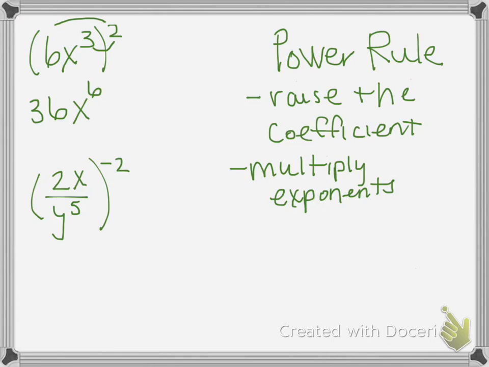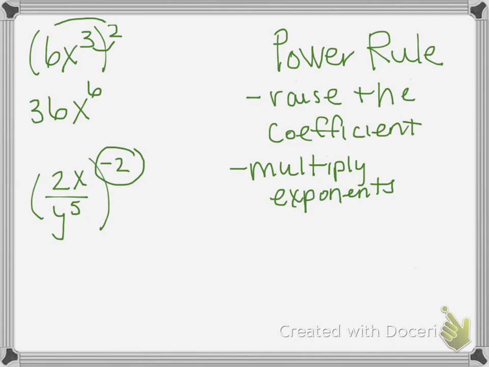In our second example, we have 2x over y to the 5th, all raised to the -2 exponent. This is more complicated because of the negative exponent you see here. To make this easier, we can first work with the negative exponent.